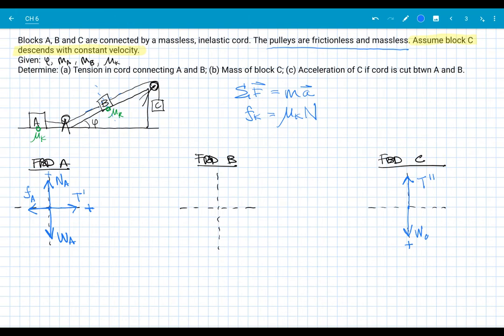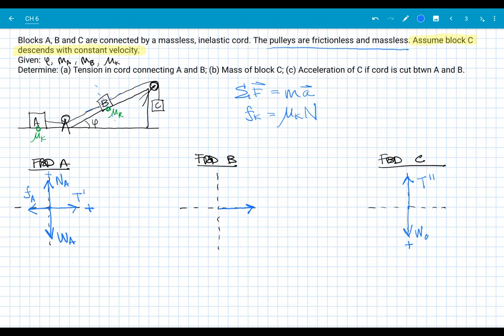All right, moving on to block B. So now when I look at block B, I'm looking at my rotated coordinate system. You can draw a separate diagram if you're still needing help with that. That's worth spending time on, but we've been working on this for a little bit here. So what's in contact with block B? Well, I've got the cord in contact in two directions.